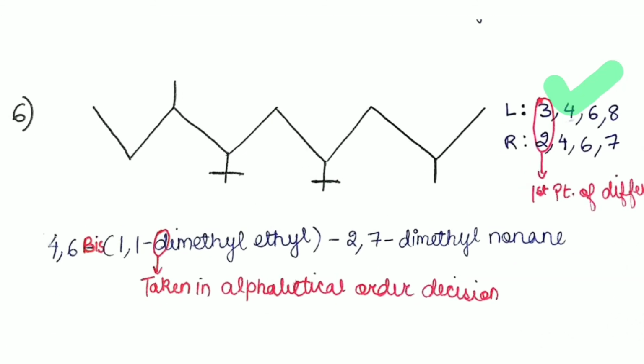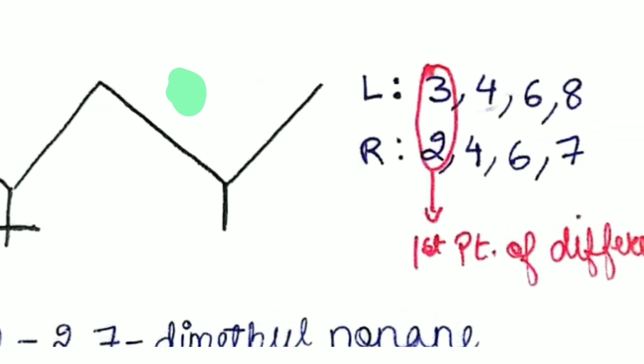For that, again we'll number the locants of the substituents from left and right, and from left we get 3, 4, 6, 8. That is 3, 4, 6 and 8. And from right we're getting 2, 4, 6, 7. That is 2, 4, 6 and 7. So the first point of difference here comes at the first locant only. And here, since 2 is less than 3, we'll start our numbering from the right hand side.